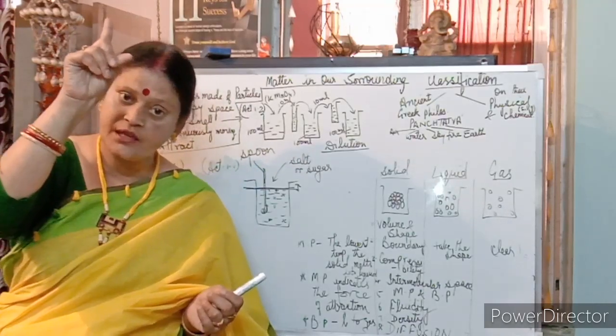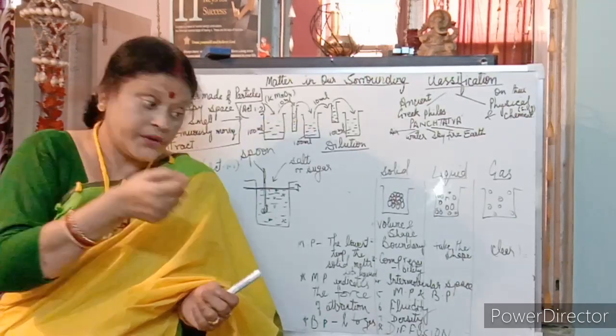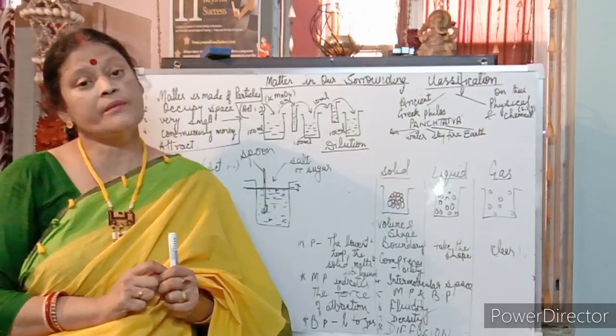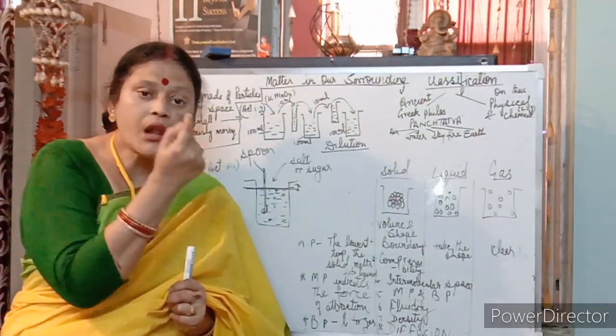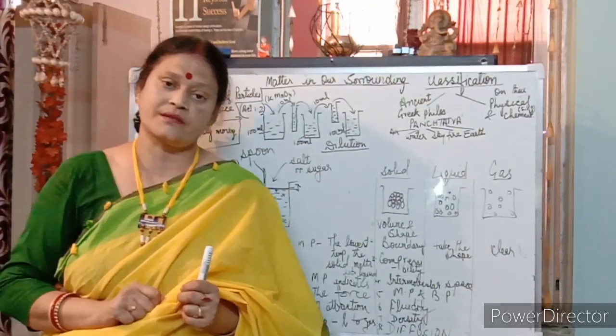One more question again. What will happen if we put some salt or sugar in water? Will the level of the water rise or remain the same? It will remain the same. Why? Because the sugar particles will occupy the space between the particles of water.